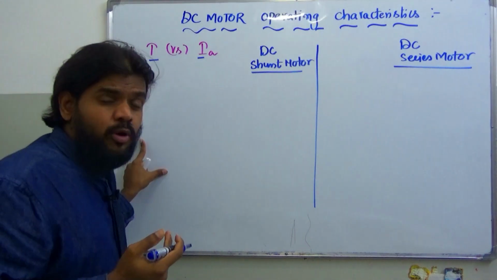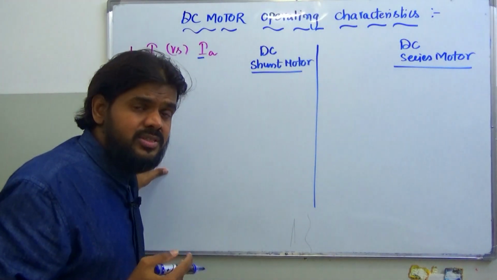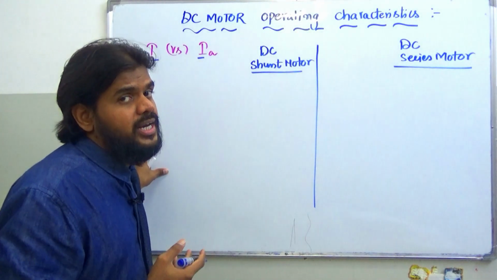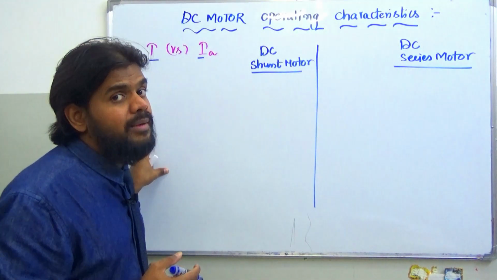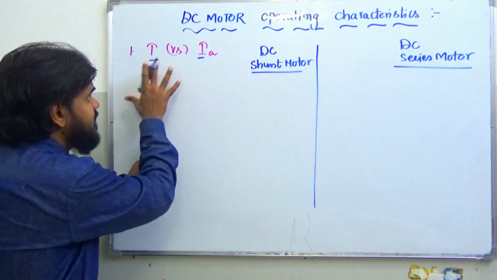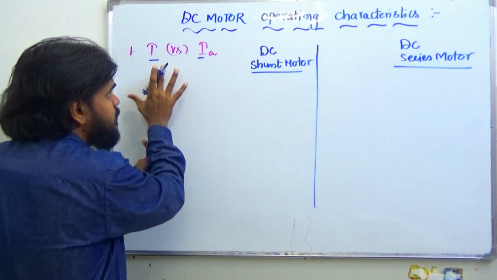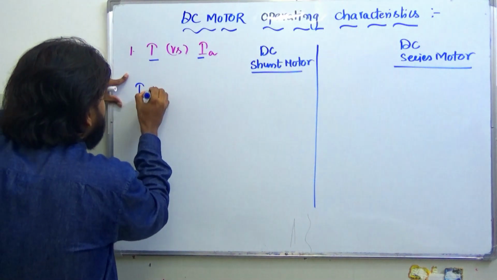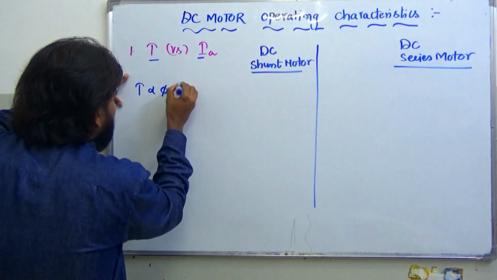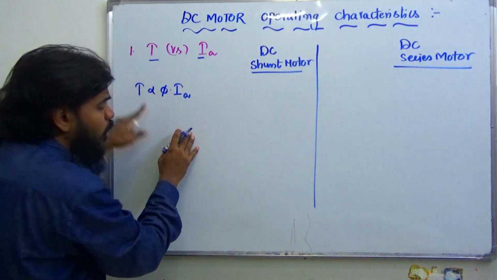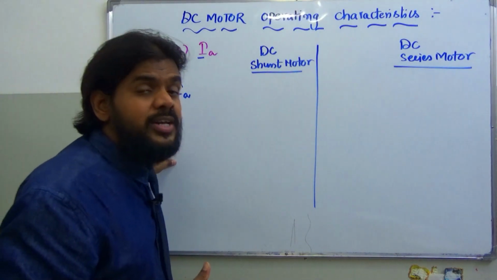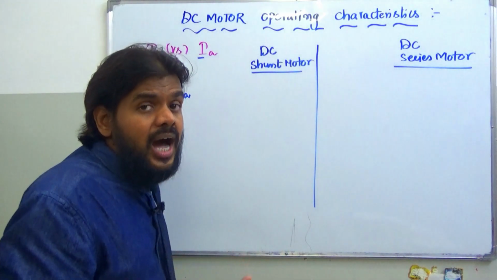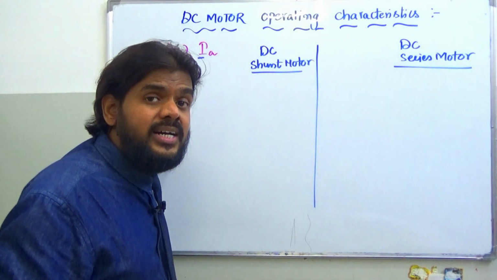In the topic that I have already discussed, governing equations, I gave the equation between torque and armature current. The equation that tells that between these two goes like this. So torque is proportional to phi Ia. Why am I giving this equation? How can I tell about the variation of torque with respect to Ia unless I know the equation between torque and Ia?